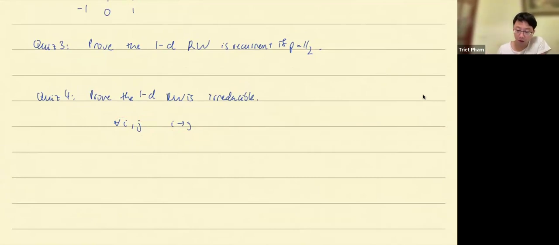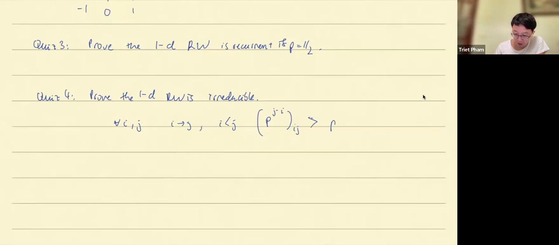So the proof is pretty simple. Because if i is less than j, then P to the j minus i, you basically take so many steps to the right.